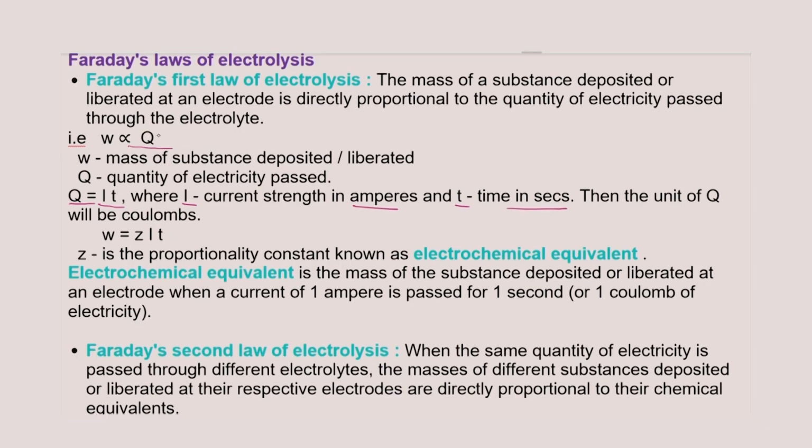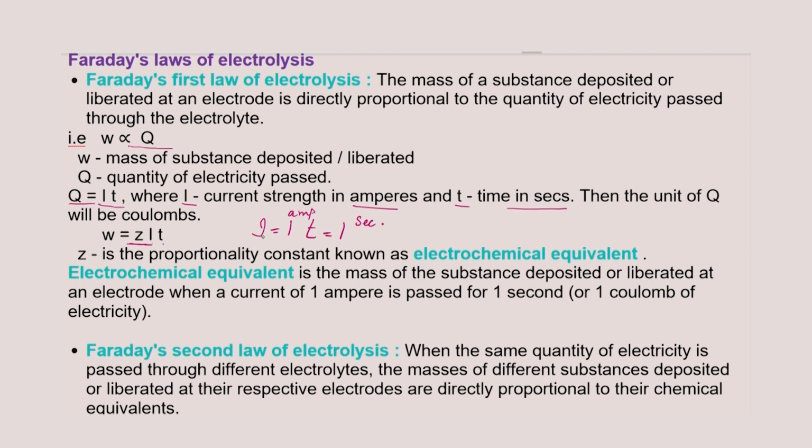Now, this proportionality can be made an equality where W is equal to a proportionality constant Z into I into T. Now, this proportionality constant Z will be equal to W when I is equal to 1 and T is equal to 1, or you can say that if a current strength of 1 ampere is passed through an electrolyte for 1 second.